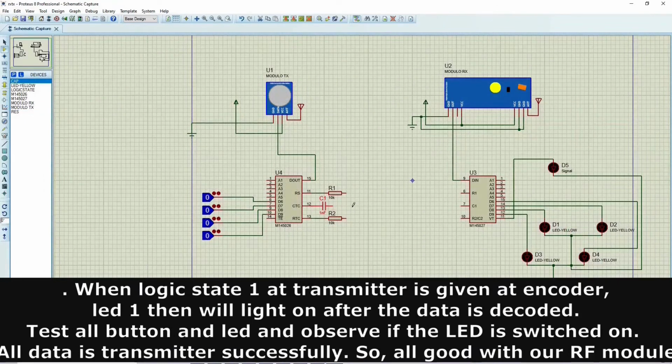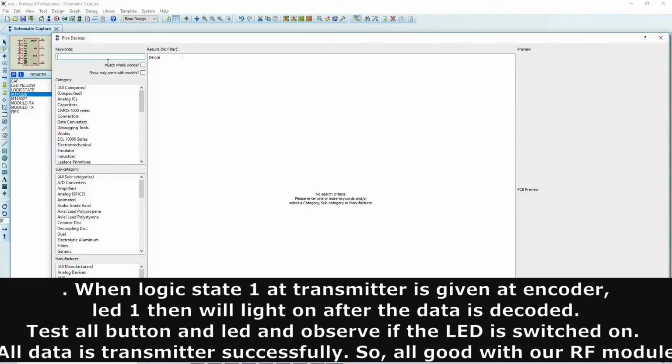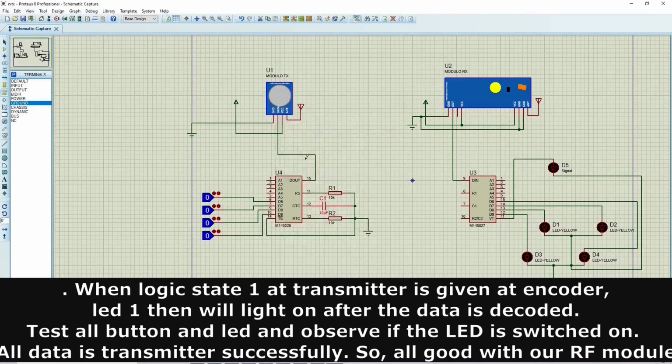When logic state 1 at the transmitter is given at the encoder, LED 1 will then light on after the data is decoded. Test all buttons and LEDs and observe if the LED is switched on.